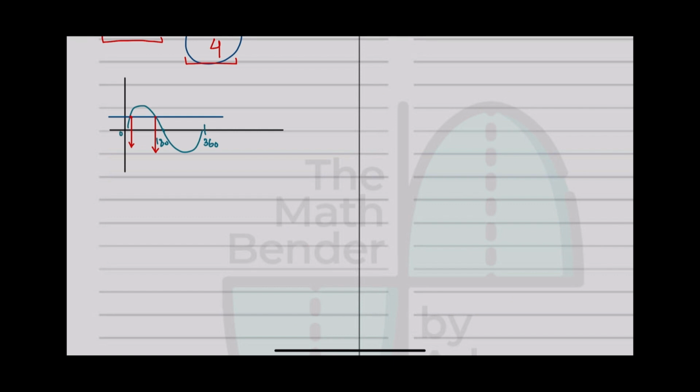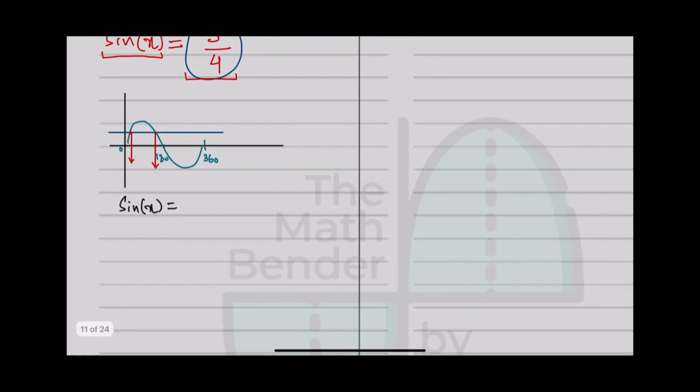Both are positive. Here, we don't have to figure out or write down the quadrants because we can see that both of them are positive. So, since we know that sine of x is going to be 3 upon 4, x is equal to sine inverse of 3 over 4.